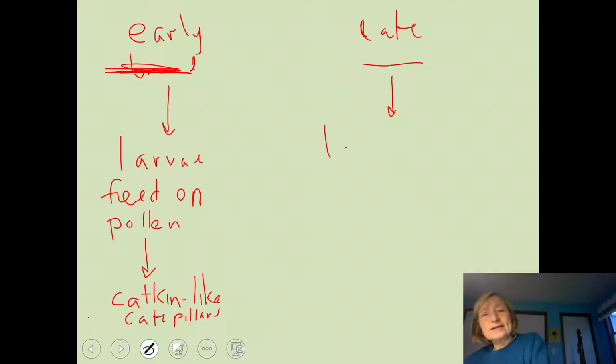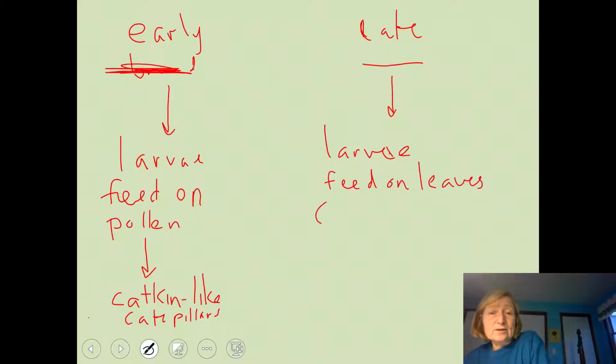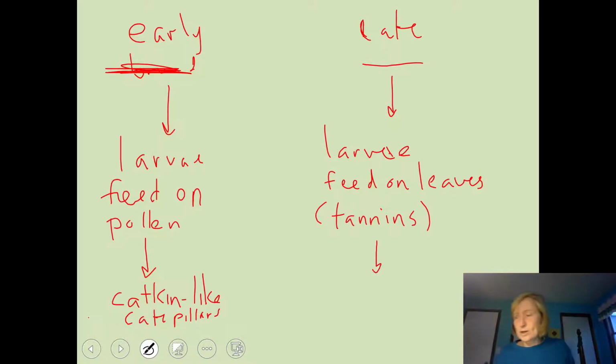These larvae start feeding on the leaves, the older leaves of oaks, okay? So these guys feed on the oak leaves. And it turns out the oak leaves are really rich in what are called tannins, kind of a poisonous substance, actually. And they don't develop to look like catkins at all, right? They look like those weird stick, twig-like caterpillars, if you will.